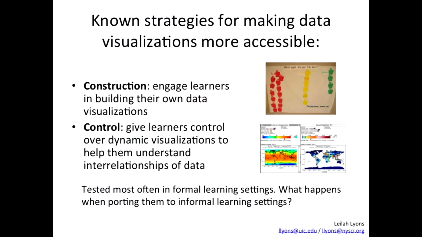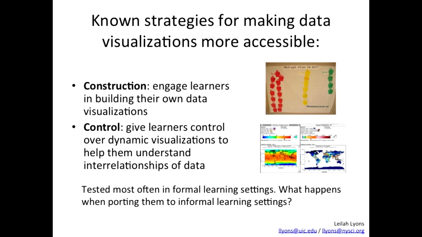Another strategy that gets used, especially when what the educators are trying to do is introduce kids to exceedingly large data sets, is that of control. What you see there on the lower right is an image from World Watcher. It was an application created a long time ago, probably in the 90s, I believe, at Northwestern.